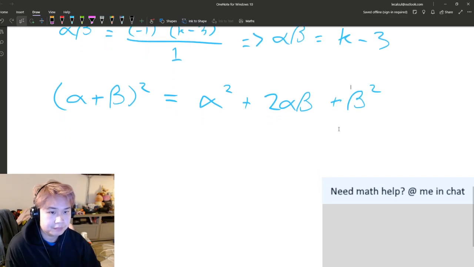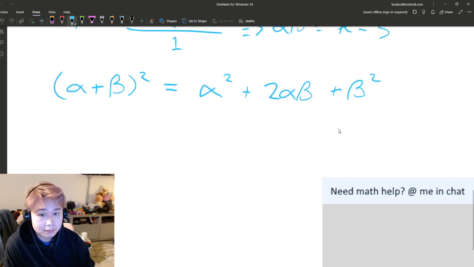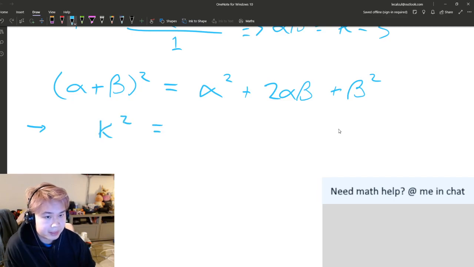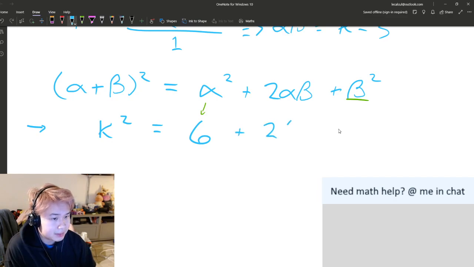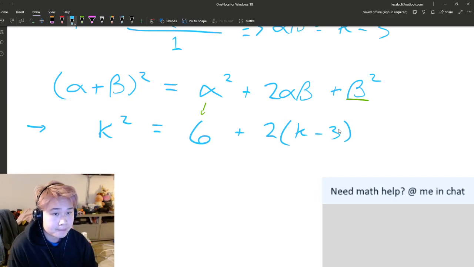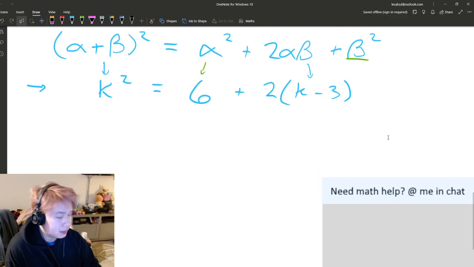So here. This becomes k squared. I get a 6 from these two. And then I make a substitution here. And this is pretty easy to solve. We have a quadratic for k.